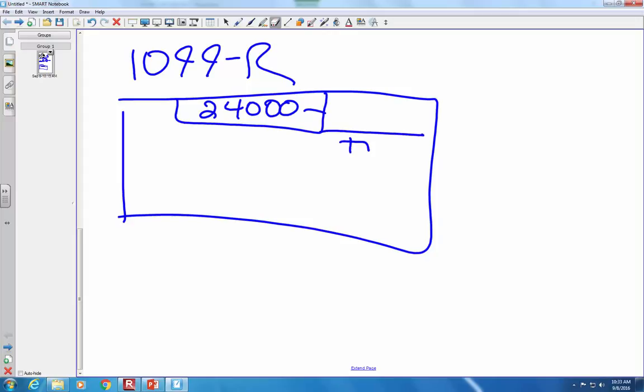And then it says in the little box next to it, taxable amount. So it's done the math for you.